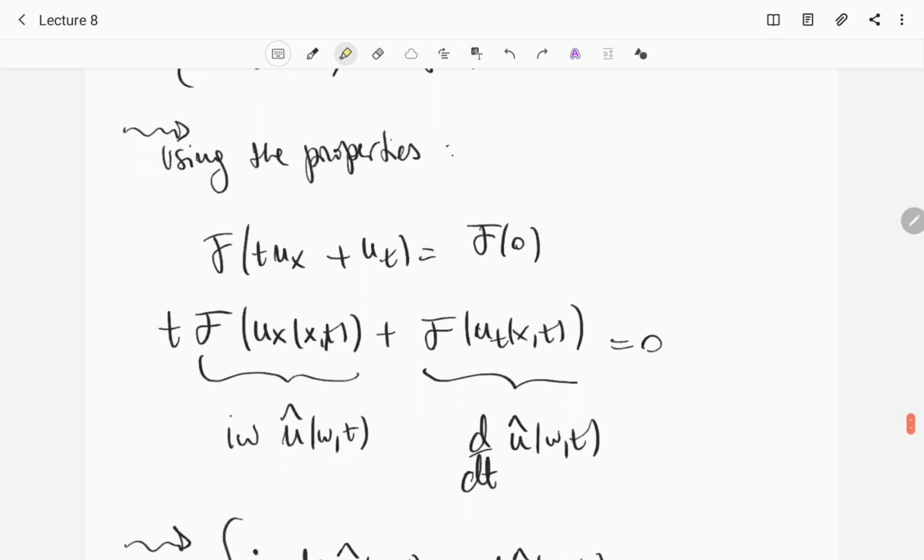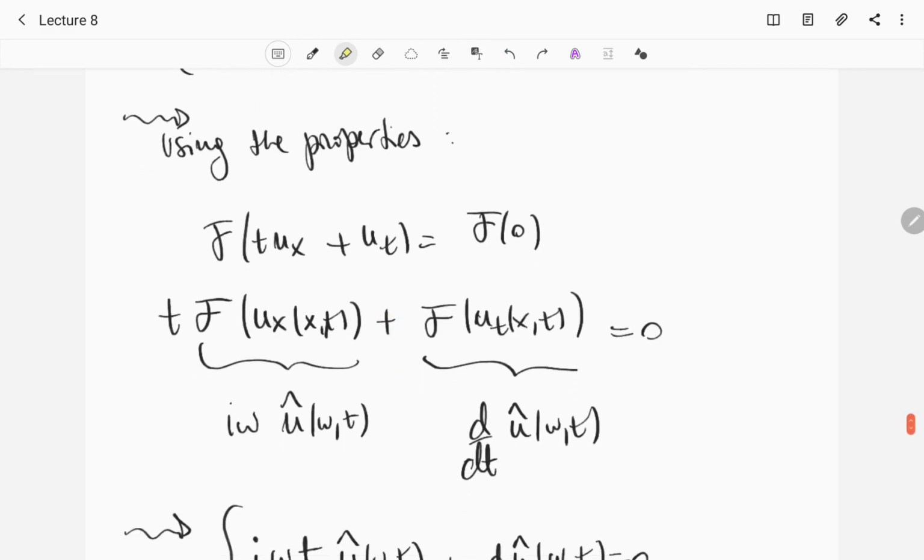Then, we are Fourier transforming with respect to x, so we know that the Fourier transform behaves in this way with the derivatives. And since t is not important for the Fourier transform because we are transforming with respect to x, we have the derivative out of the Fourier transform.